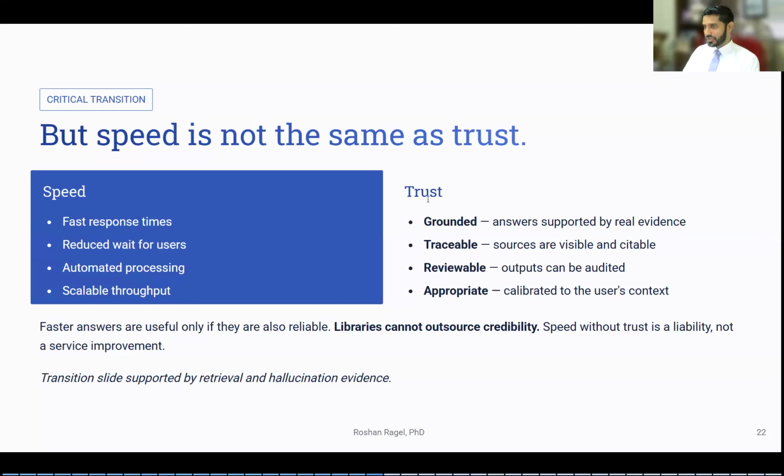So they want trust, so grounded answers that are real, connected to real resources, traceable, meaning you should also be able to trace whatever we are providing to the source. We should be able to review and audit what's been happening, where it's coming from, and how it is done. And also it's appropriate.